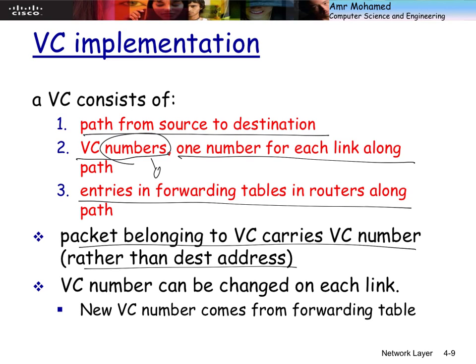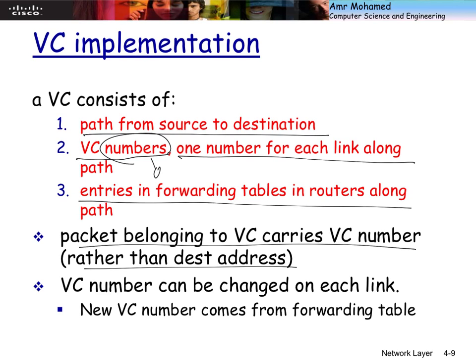Why is that? So the idea here is that, well, the virtual circuit identifier, do you want to say something? So the virtual circuit identifier, we have two solutions. So okay, let's assign one virtual circuit identifier for the end-to-end connection. Well, the problem with that is that this has to be globally unique, right?